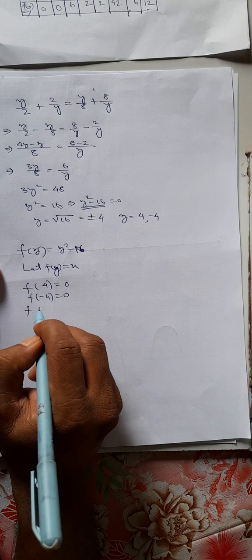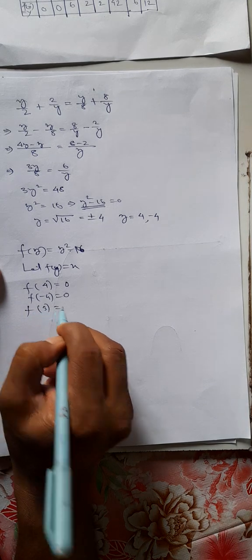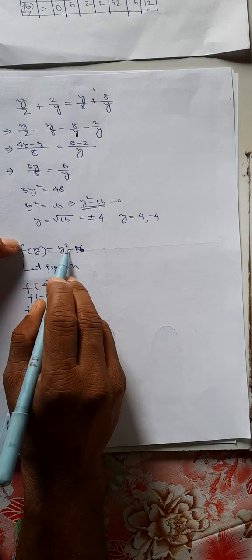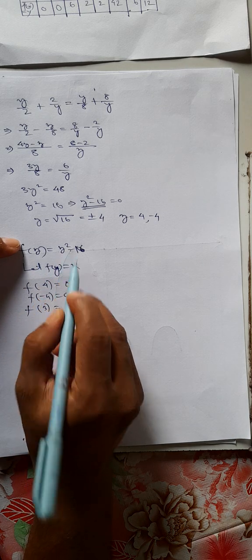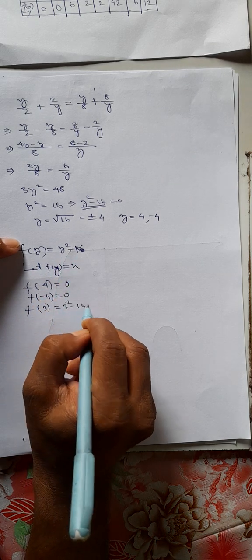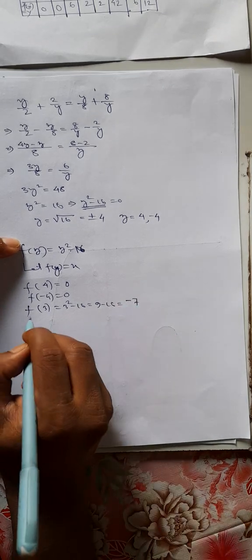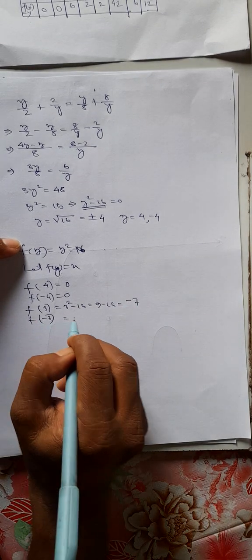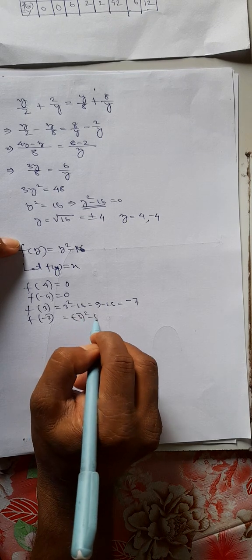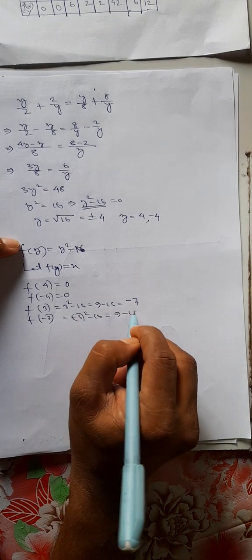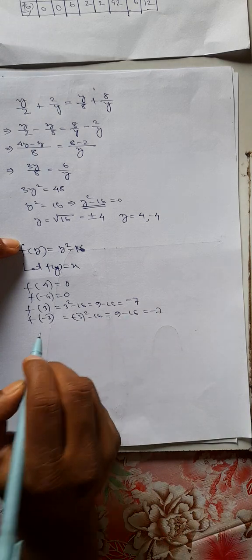Then what is f(3)? 3 square minus 16, 9 minus 16, minus 7. f(minus 3) equal to minus 3 square minus 16, 9 minus 16 equal to minus 7.